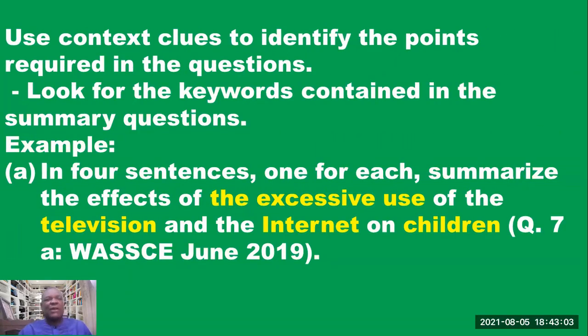Now, let me show you how you can use context clues to identify the points required in the questions. If you look for the previous video I uploaded on summary writing, you will also find details of how you use these context clues to identify the points. Now, what you do here is to look for the keywords contained in the summary question.